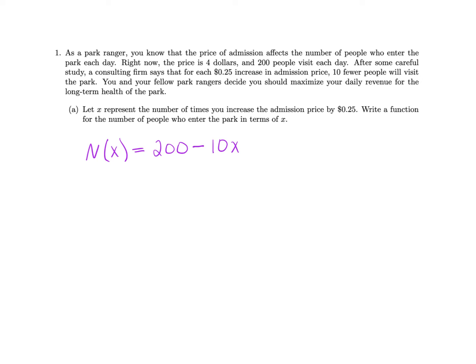This is a little bit tricky because you might be tempted to do a slope here that's per dollar, right? How many fewer people would attend the park per dollar increase in price? But it's not per dollar, it's just per price increase of 25 cents. So every time you increase the price, 10 fewer people will come.